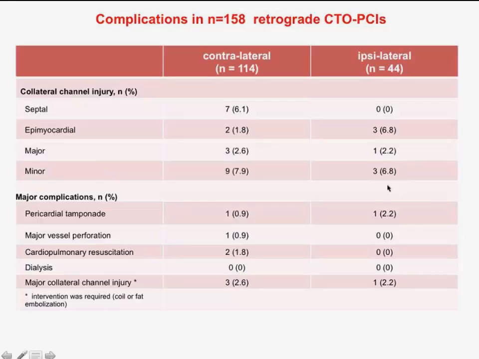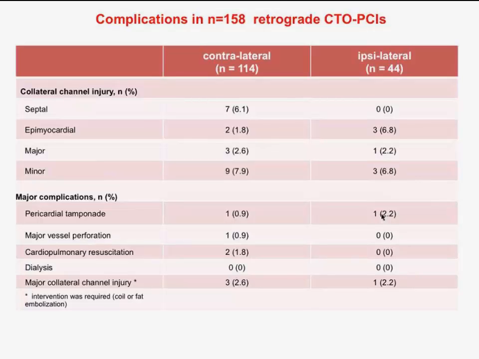We have to deal with that. Minor means that we didn't have to treat this connection, we didn't have a tamponade. But when you have a major epicardial collateral injury, it causes for sure a pericardial tamponade. That's what we know, but we didn't find in general more complications with the ipsilateral approach compared to the conventional contralateral approach. What we have more in the contralateral approach is dissection of the donor artery.